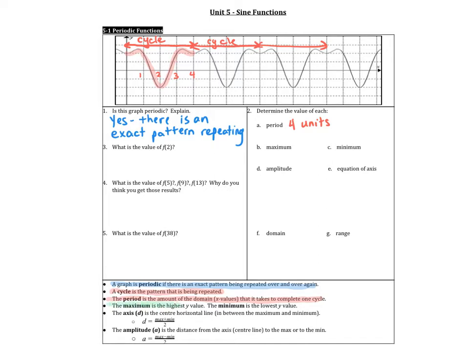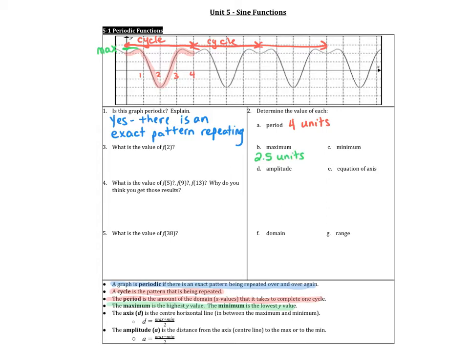The maximum is the highest y value and the minimum is the lowest y value. So the maximum is actually right up here, and that would be at about 2.5 units.